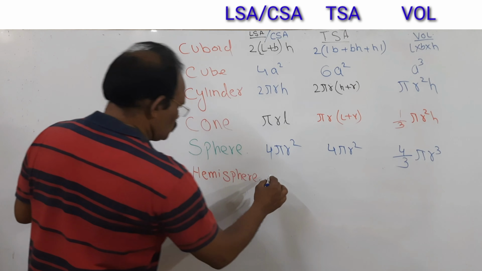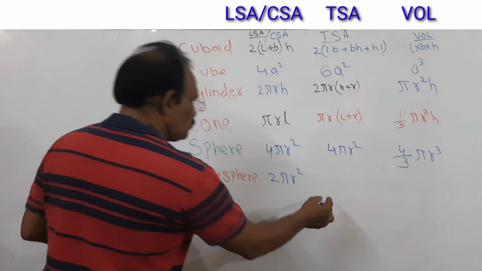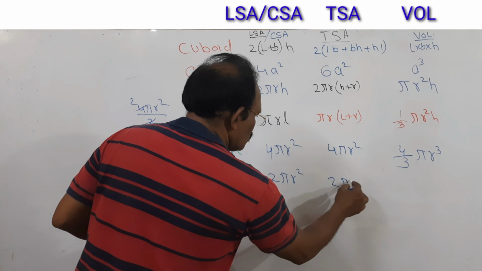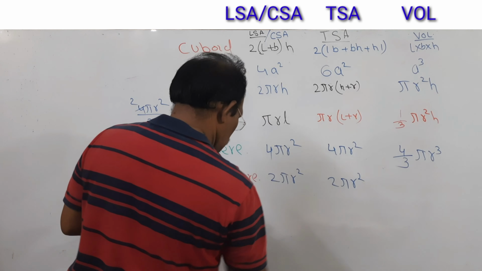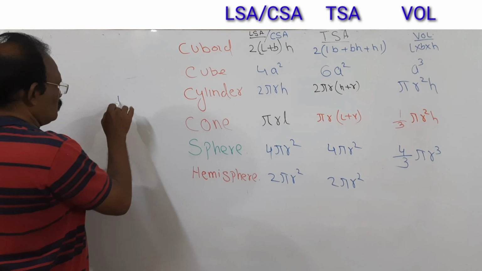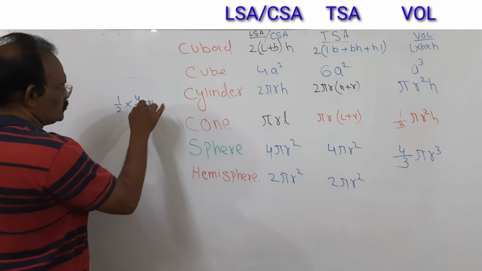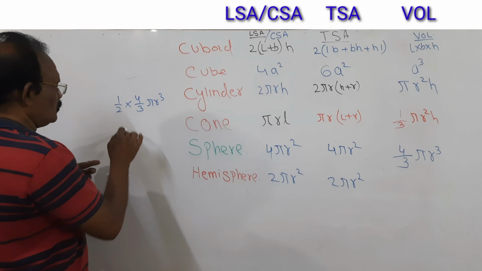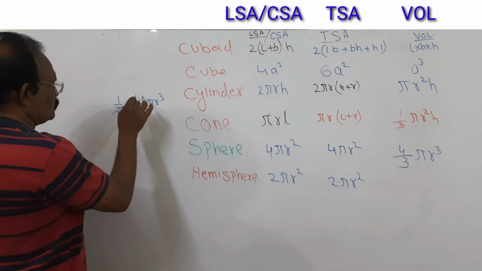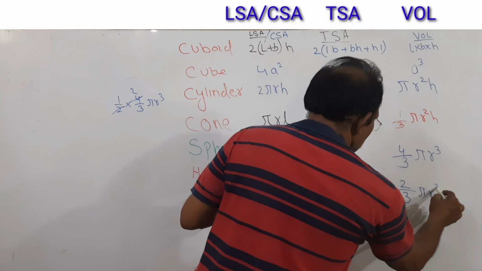So we got 2 pi r square. Now for volume also you just divide it by 2. We are making half of this one. 2 cancel. So what we got? 2/3 pi r cube. So nothing, 2/3 and the remaining part is same.